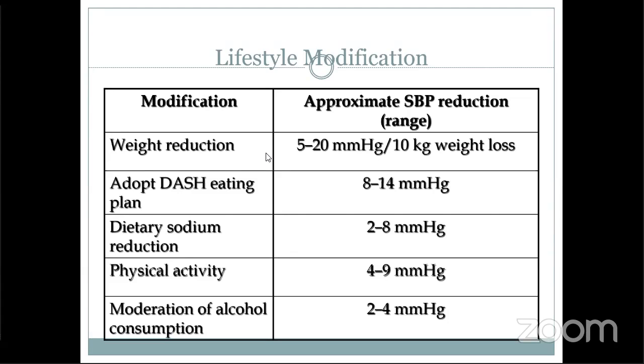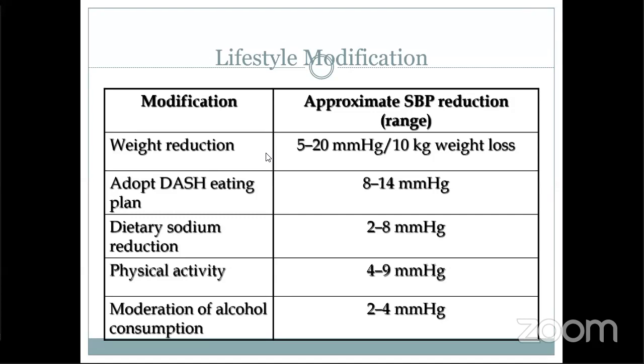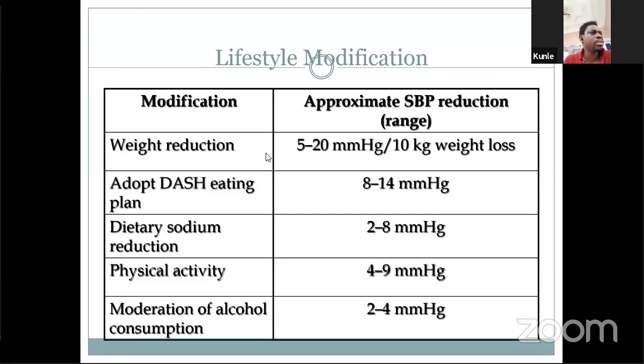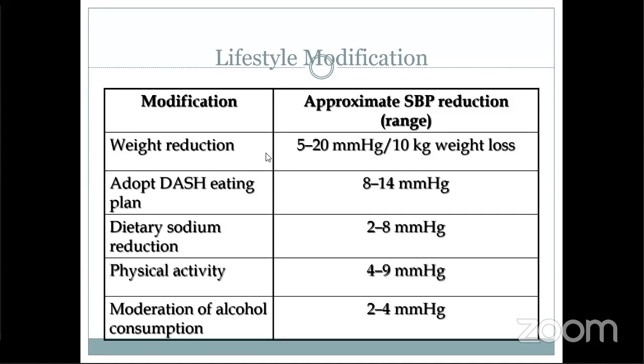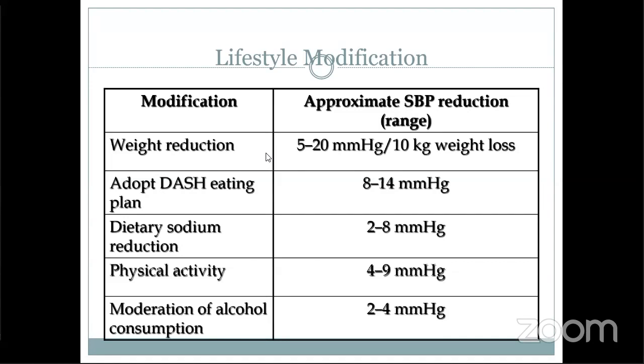So if you can reduce the weight, it is said that when an individual reduces weight by 10 kg, there is a possibility of controlling the blood pressure by 5 to 20 millimeters of mercury.